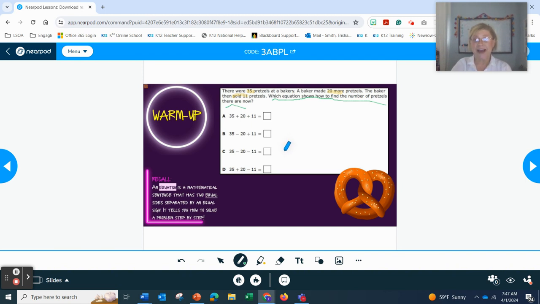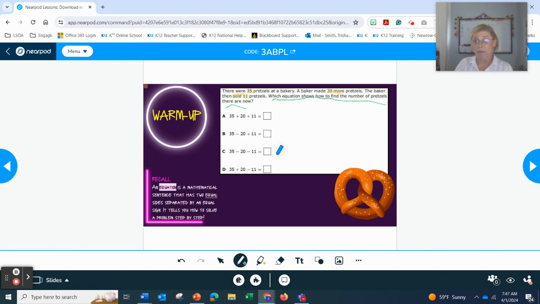It is just asking us to find the equation that would ultimately help us solve it. So we're not necessarily solving the equation, we're just finding the equation that would utilize this step-by-step process to solve it.